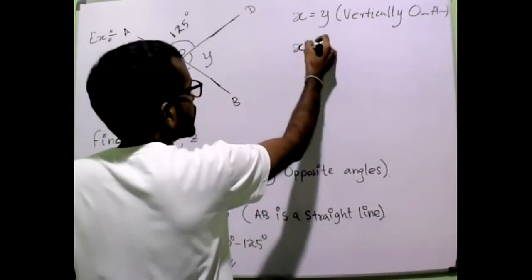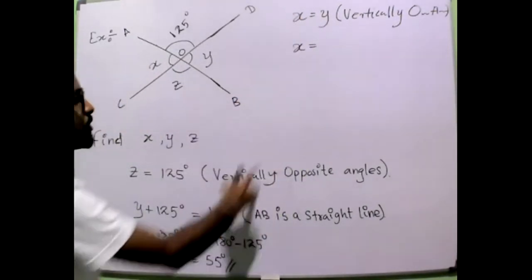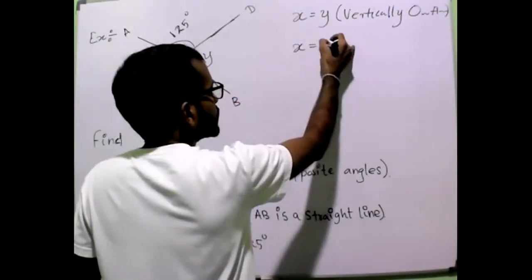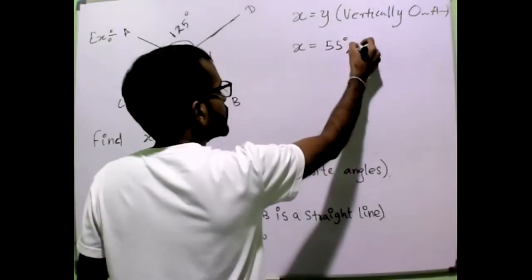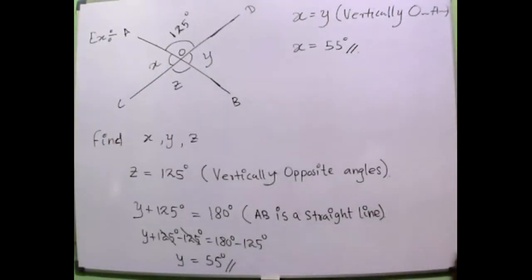So then we can conclude that x equals y. Y is 55, therefore x equals 55 degrees. So this is how we are going to find the magnitude of these angles when it comes to vertically opposite angles, right? Some more examples.